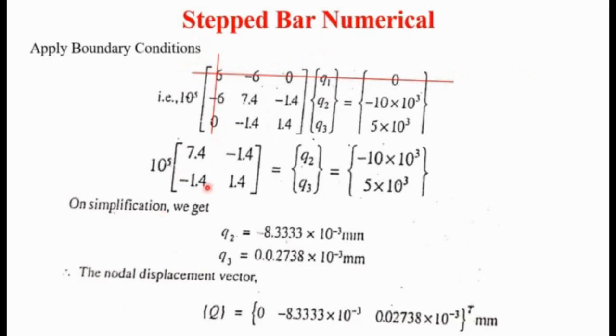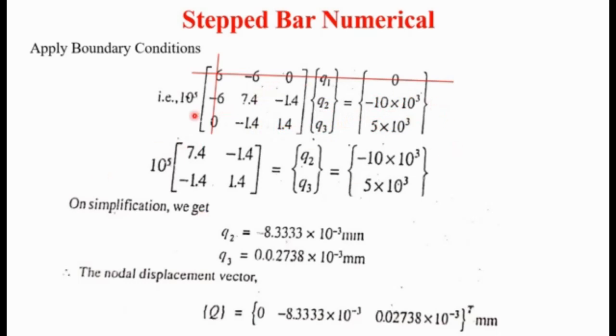After eliminating these, we get this matrix only: [7.4, minus 1.4; minus 1.4, 1.4], with q2 and q3 equal to minus 10 into 10 raised to 3, and 5 into 10 raised to 3.